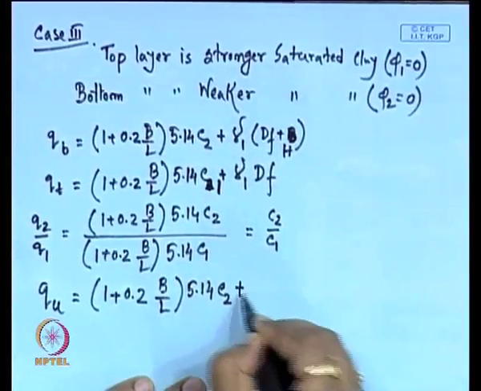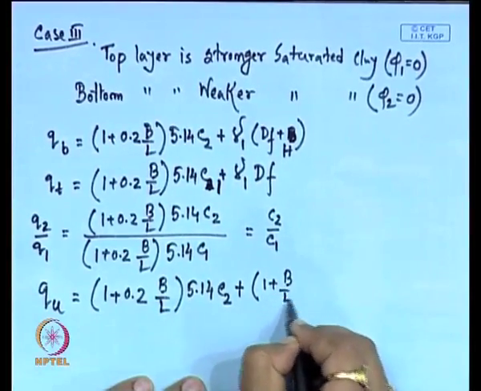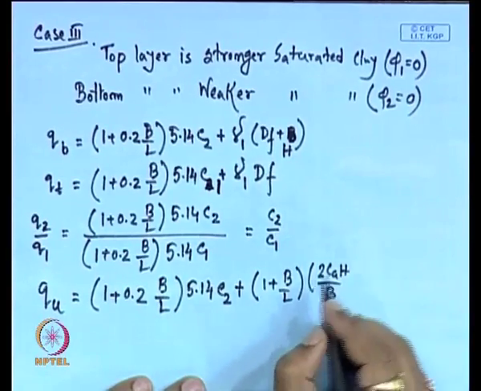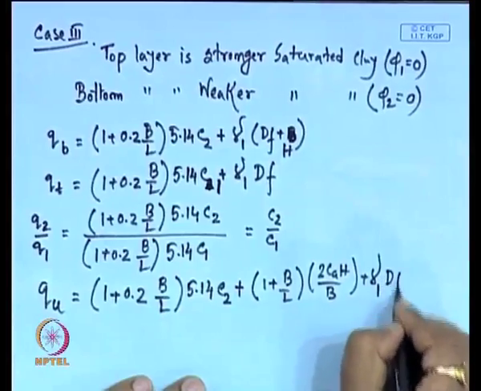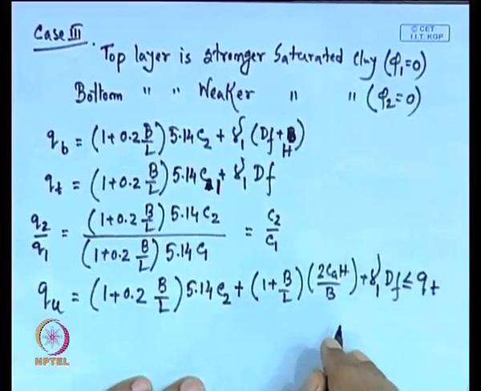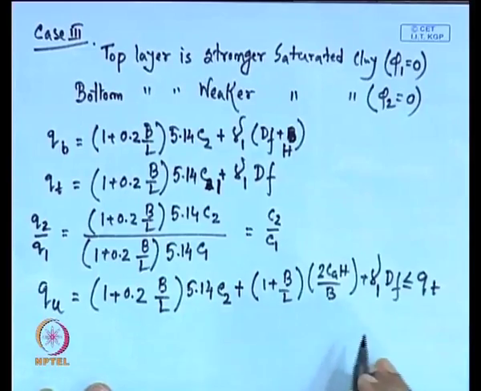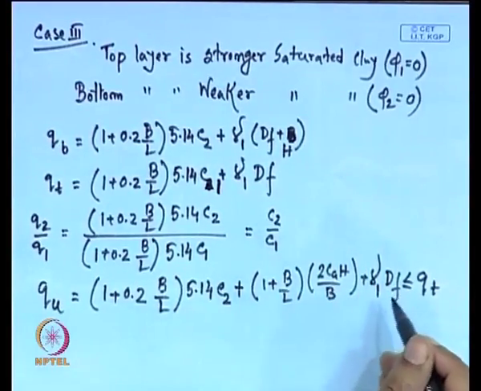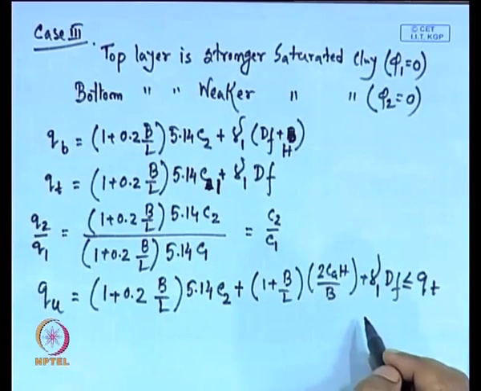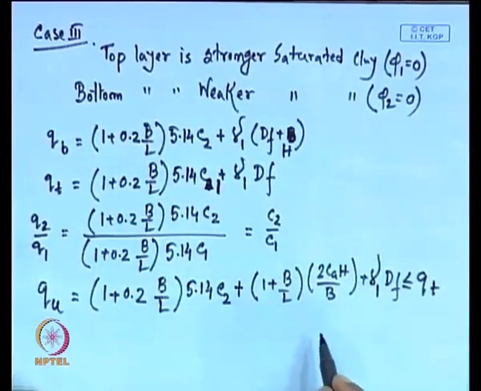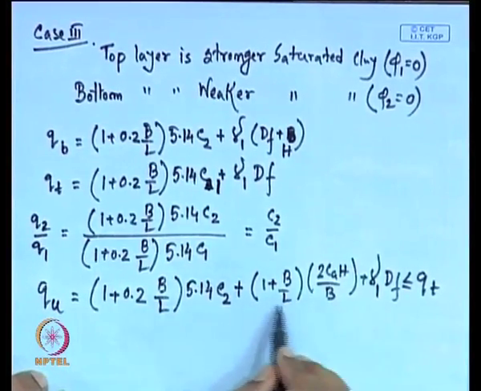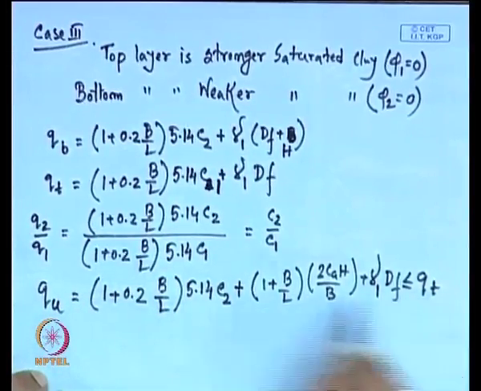Now plus 1 plus B by L, 2 C A H by B, plus gamma 1 D F, that is less than or equal to Q T, because phi 1 is also 0, so that general term tan phi 1 will be 0. So that part is gone, only this part will be present. So, we can write in this form for the rectangular footing.